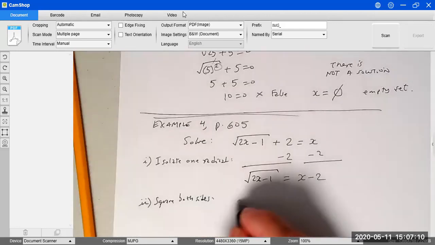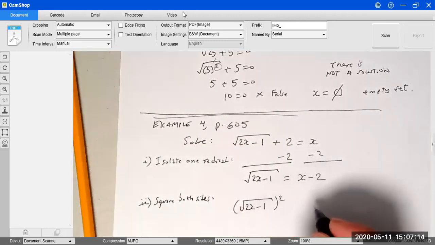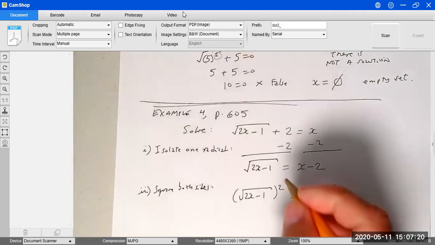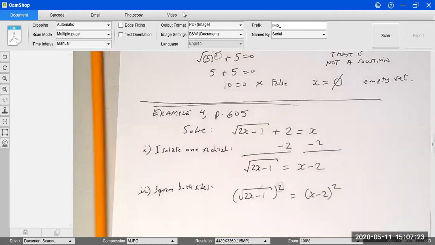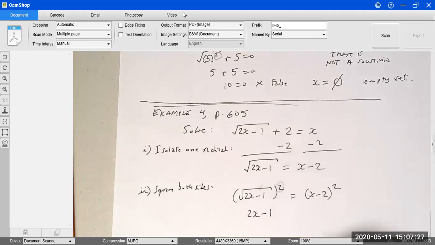So we're going to have the square root of 2x minus 1 being squared and also x minus 2 being squared. So the left hand side is going to be just this expression 2x minus 1.